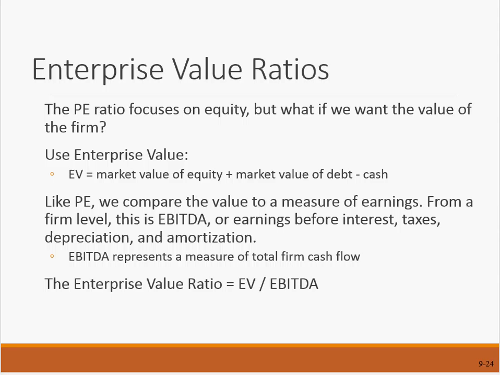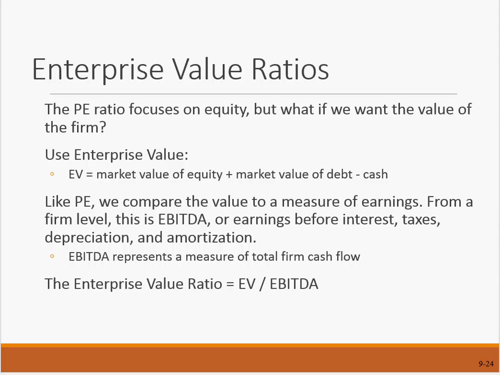So we take cash out of the equation, leave only the value of the financial claims without the cash, and then we can compare how much the market is valuing this enterprise relative to the cash flow it's generating, right?